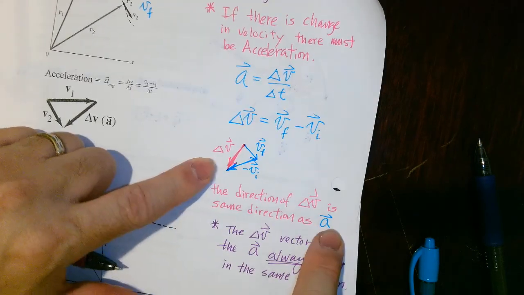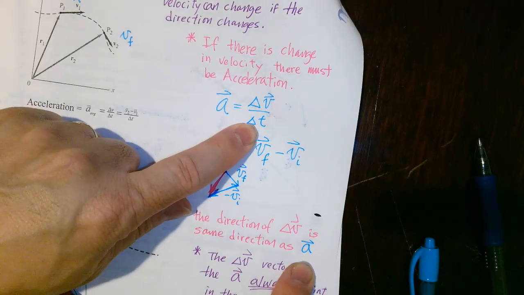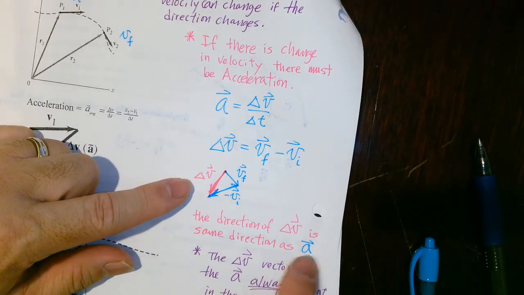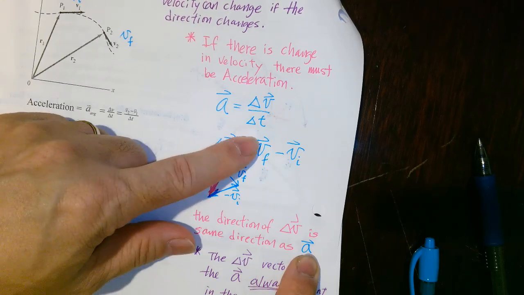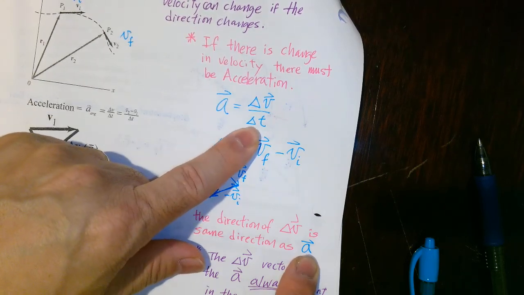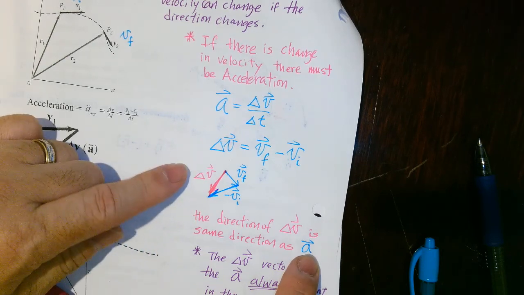Now the magnitude may be different depending on what the delta t is, right? If delta t is greater than 1, obviously the magnitude of a is going to be less than delta v. And if delta t is less than 1, your magnitude of a will be greater than delta v.